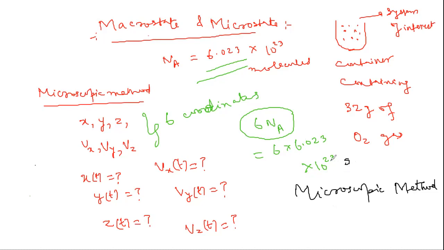It is huge. If you calculate, this becomes billions of years. The reason is the number of variables is large. So this is too much information to handle.